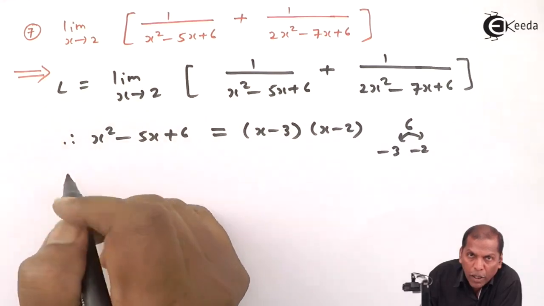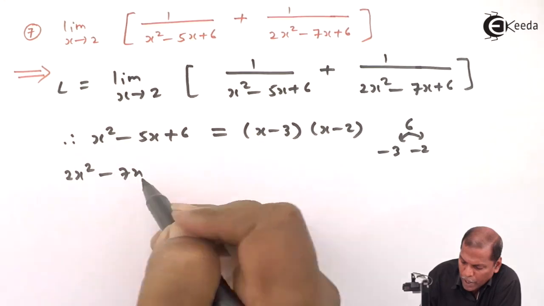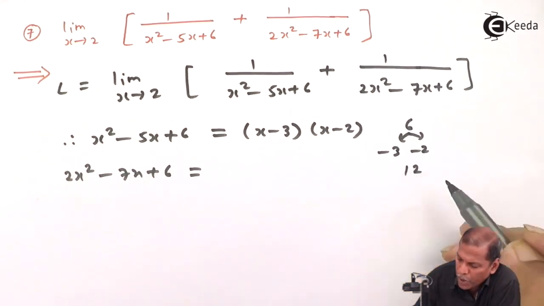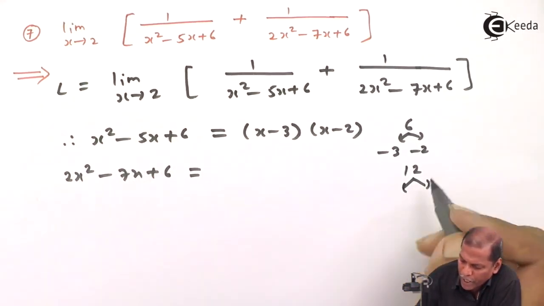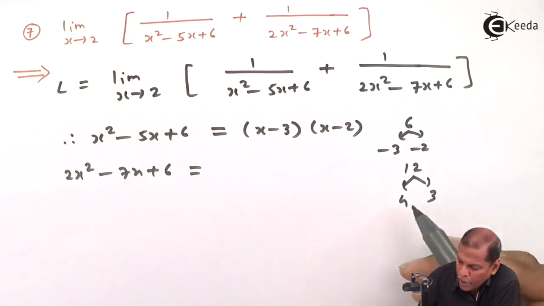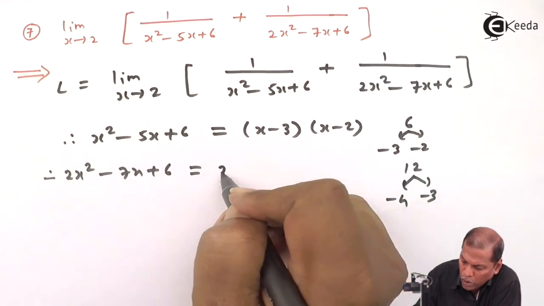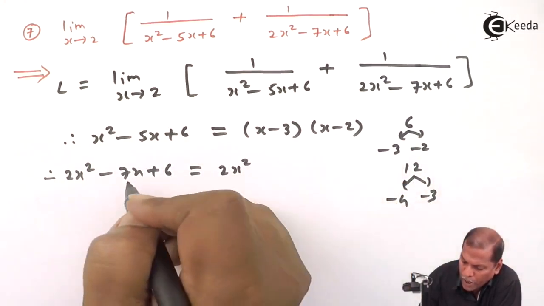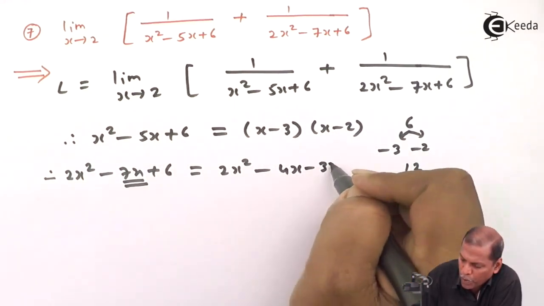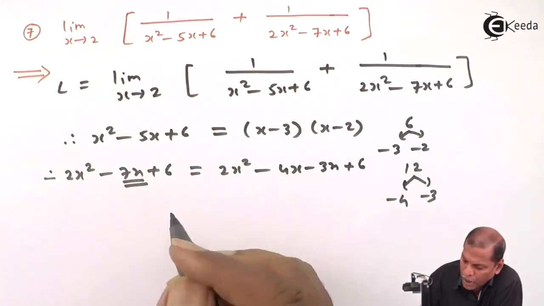Now we consider the second quadratic expression, 2x² − 7x + 6. Now 2 into 6 gives us 12, which can be factorized as 4 into 3. To get −7 in the middle, we write −4 and −3. Therefore, we write 2x² as it is, and −7x can be split up as −4x − 3x, and the last term +6 as it is.